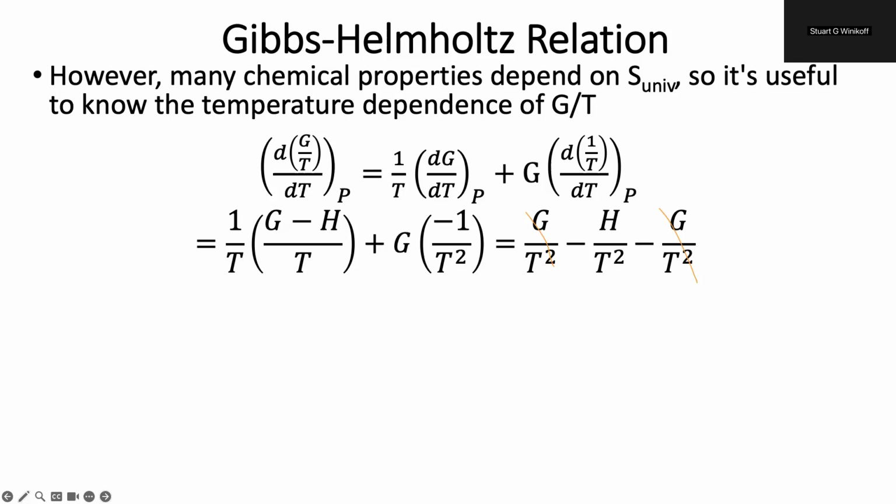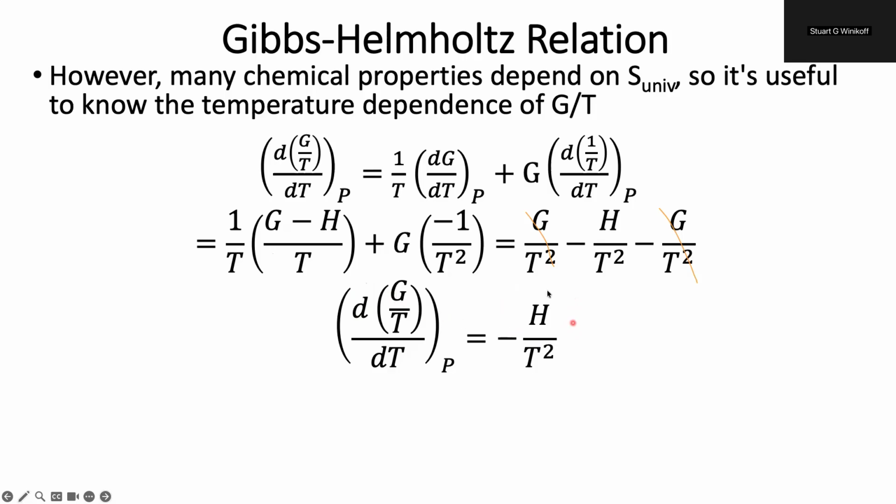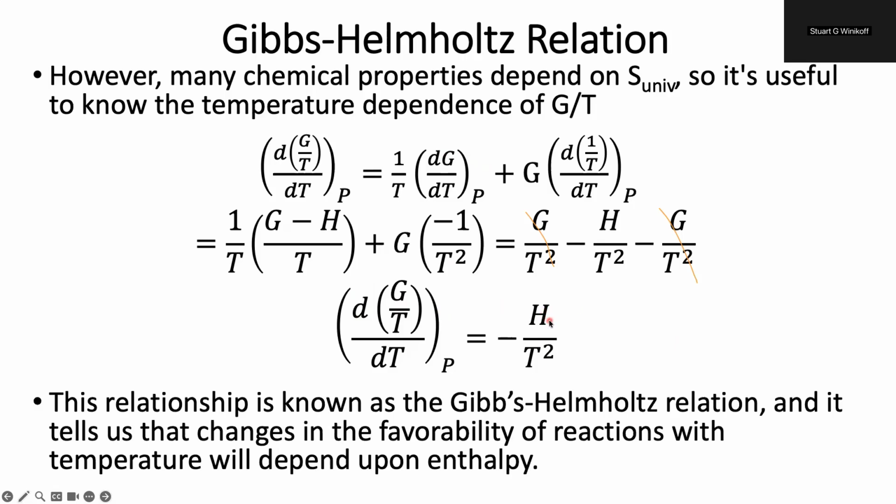And what we're left with is that the dependency of the universal entropy with temperature is based not on the Gibbs or the entropy, but more on the enthalpy of the system. And this is the real reason we want to look at the change in Gibbs with temperature in terms of the enthalpy. Now, this is actually fairly cool, and it's known as the Gibbs-Helmholtz relationship.